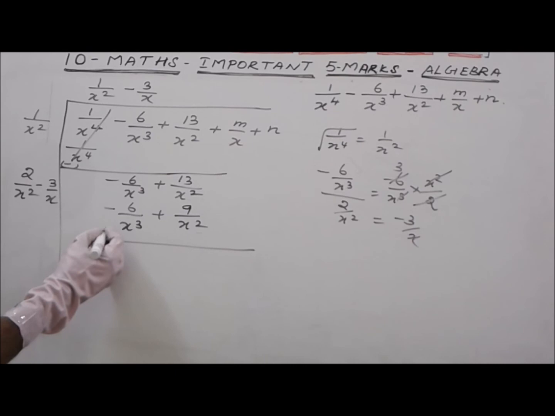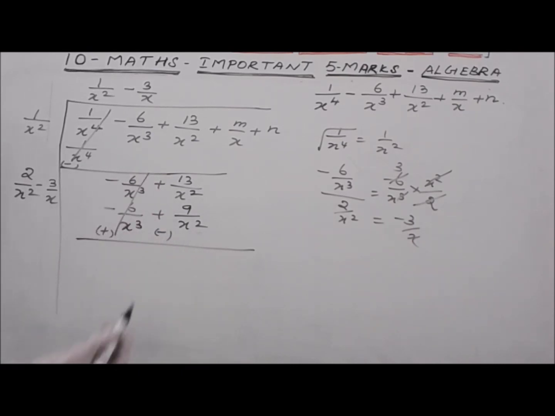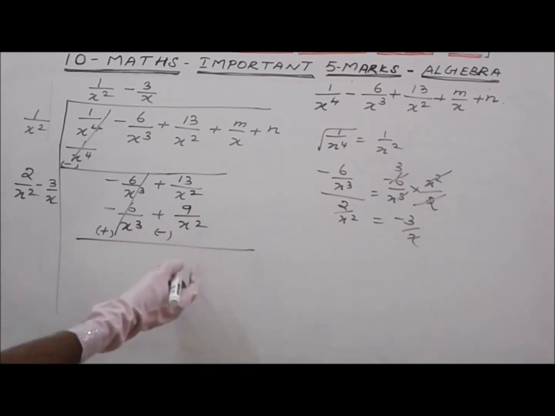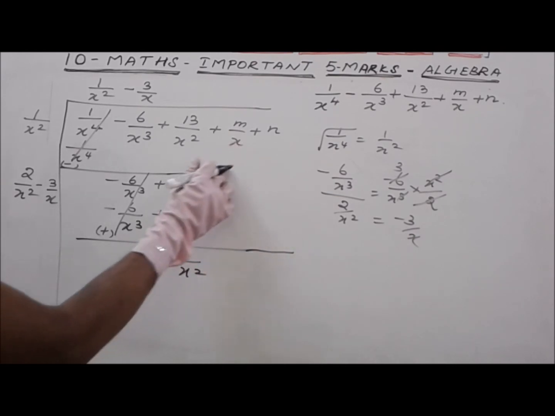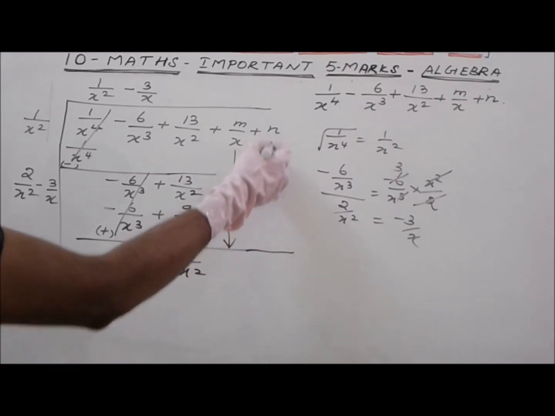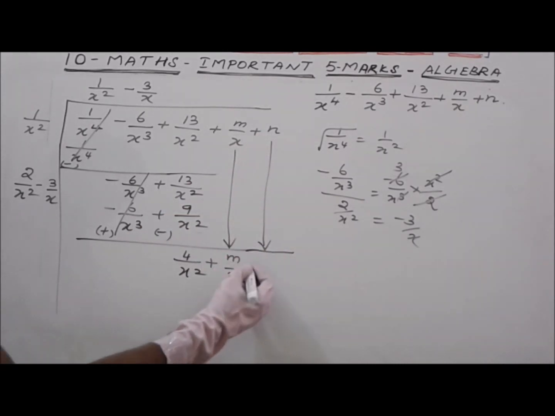Now changing its sign, these two get cancelled. Now 13 minus 9 is 4 by x square, and adding the remaining two terms, plus m by x plus n.